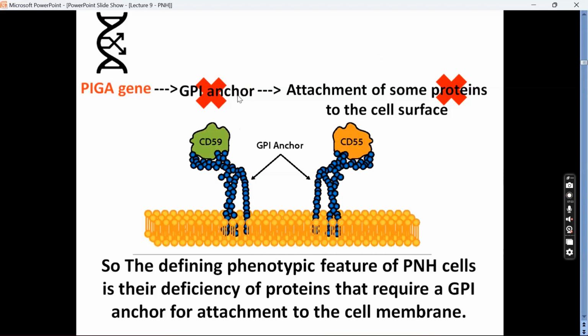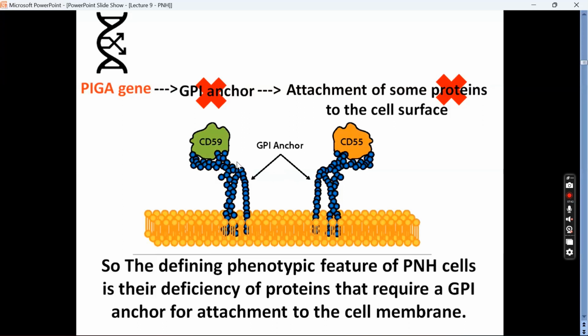When I add these antibodies, they will bind if the cell has GPI proteins, that is, in the normal state. If the patient is a PNH patient and there is no GPI anchor, these proteins will not be present on the cell. So these antibodies will not bind to the PNH clone or PNH positive cells.